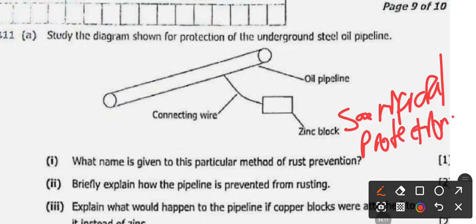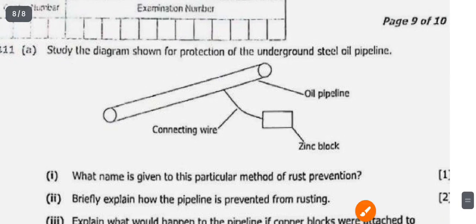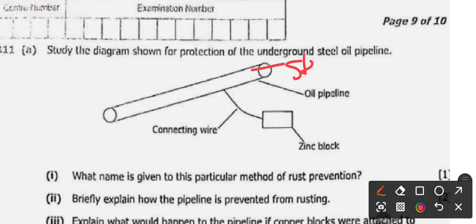To briefly explain how the pipeline is prevented from rusting. The pipeline is made up of steel, and we know that steel constitutes mainly of iron, so we can confidently say that the pipeline is mainly made up of iron.